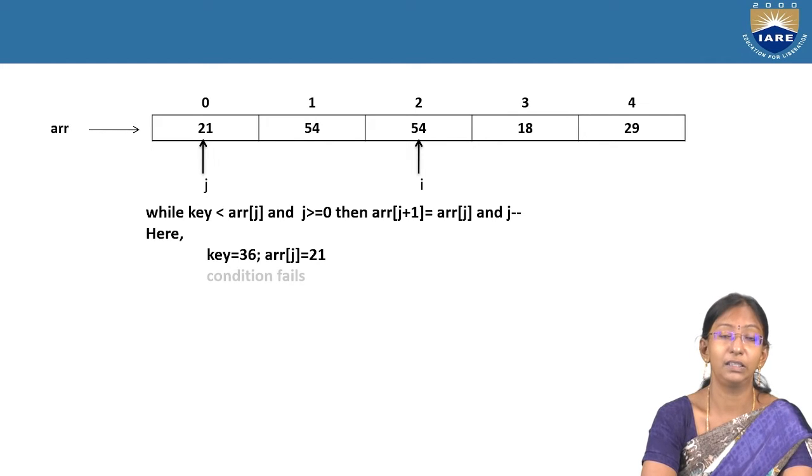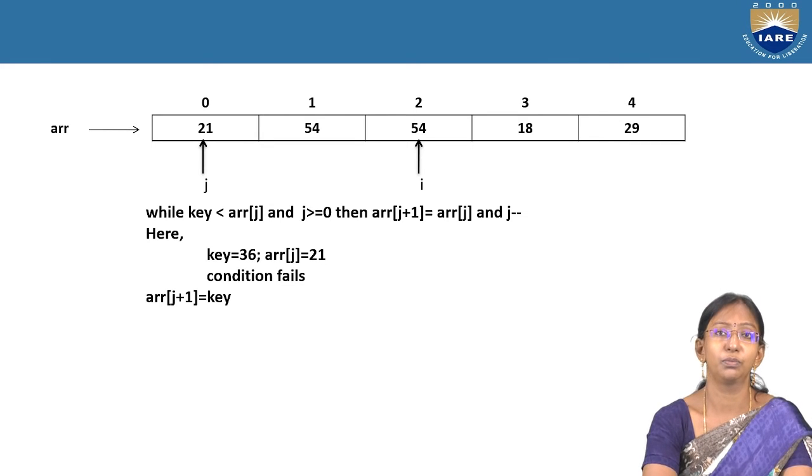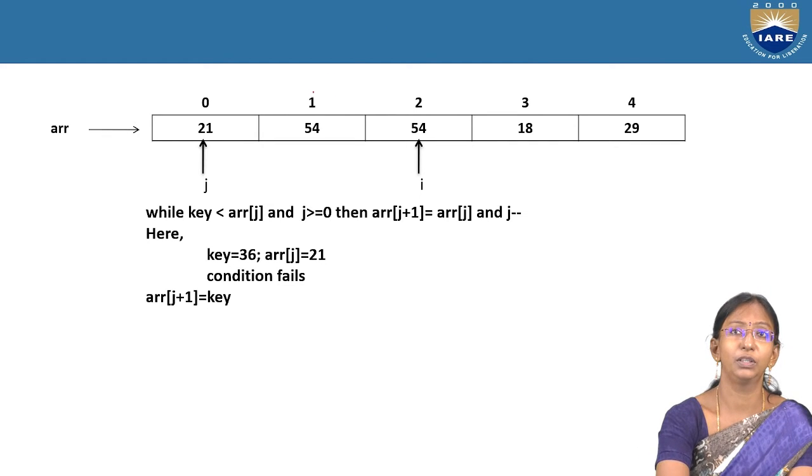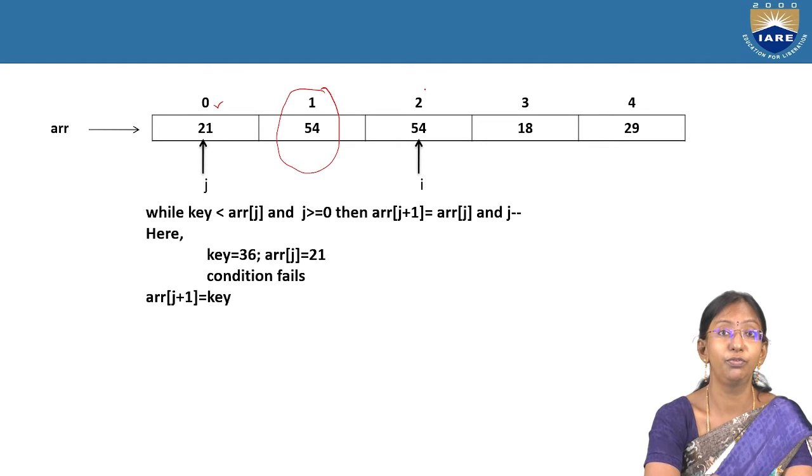The condition fails. As the condition fails, now I have to write the key in J plus 1 position. What is J plus 1 position? J position is at 0, so J plus 1 is index value 1, where 54 is there.